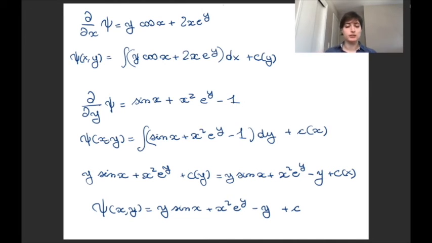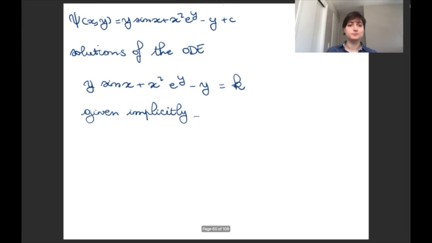But we don't need that, we drop it. All the solutions of the ODE are psi equal to a constant. So we have y sin x plus x squared exponential of y minus y equals a constant k. And changing the constant k changes your solution depending on the initial condition.